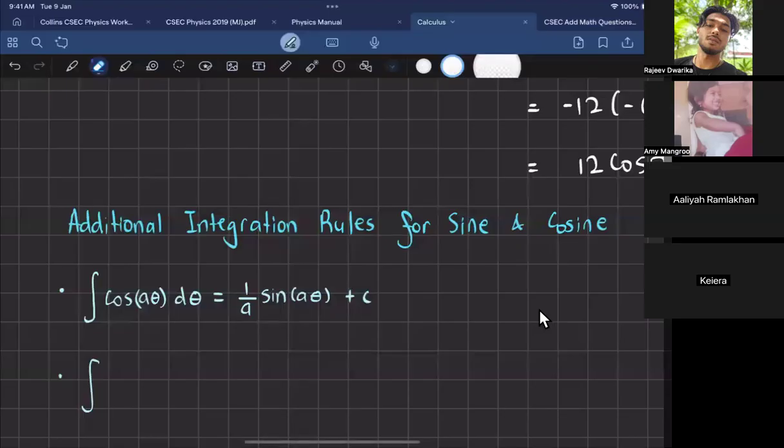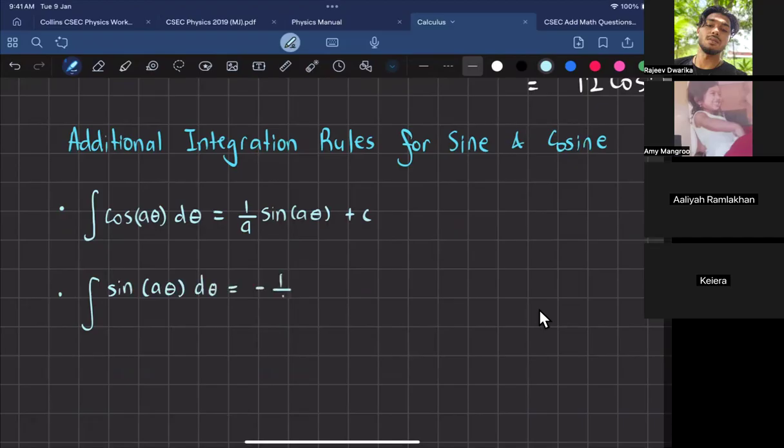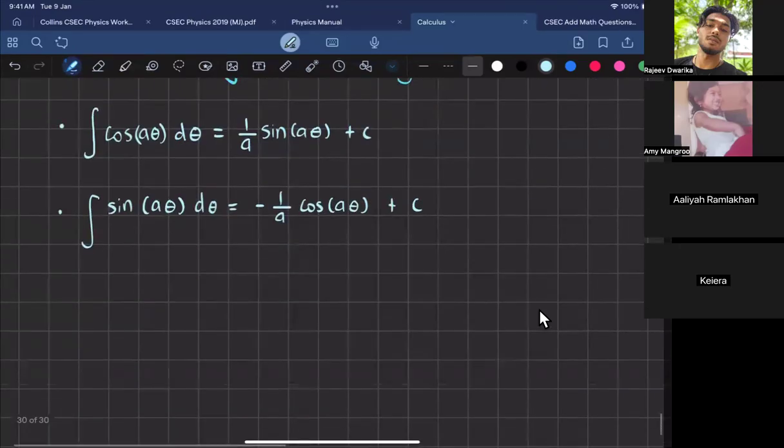And then you apply the lower and upper limit, right? And if you want to integrate sine a theta d theta, that would be equal to negative 1 over a cos a theta plus c, right?